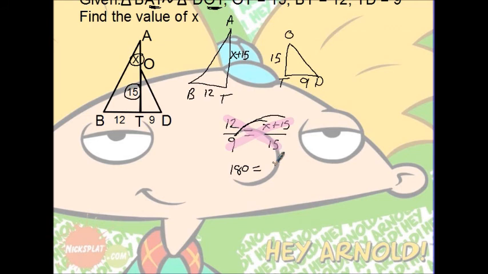That's going to end up giving me 9x plus 135. Now let's solve for x by subtracting 135 from both sides. And that gives me 45 equals 9x. Divide both sides by 9, and x is equal to 5.